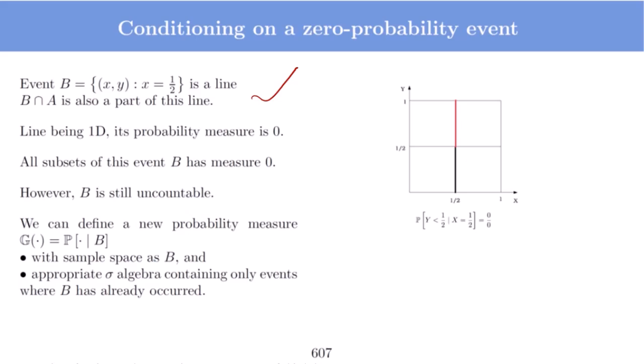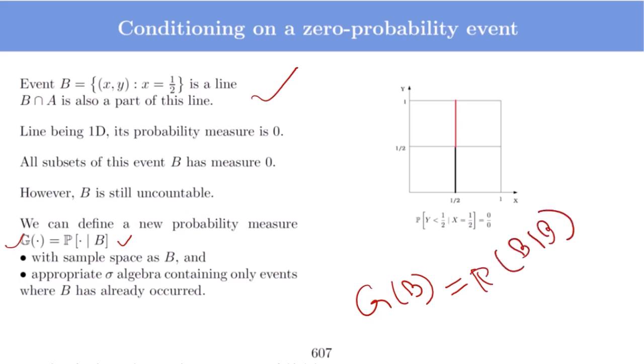So I'm going to define a new probability measure G, which we call probability conditioned on B. And if I put B here, then G of B is equal to probability P conditioned on B. And that should be equal to 1, right? Conditioned on B having occurred, the probability of B occurring is 1. So I have to define a new measure such that the probability of B is 1.